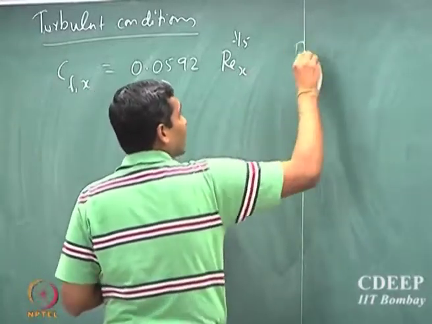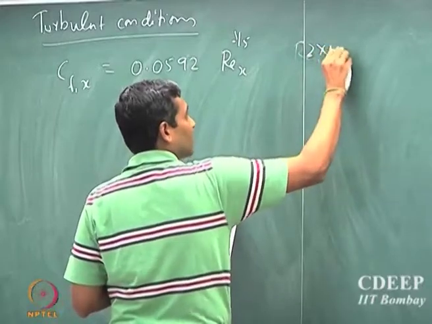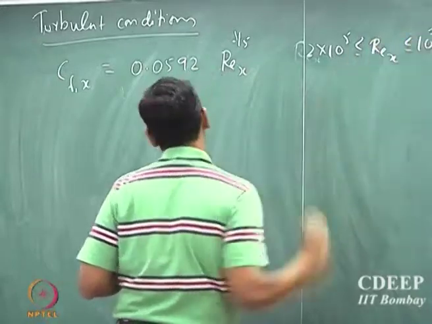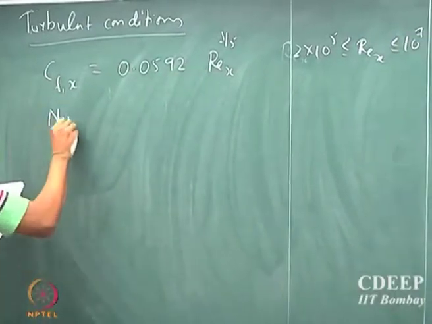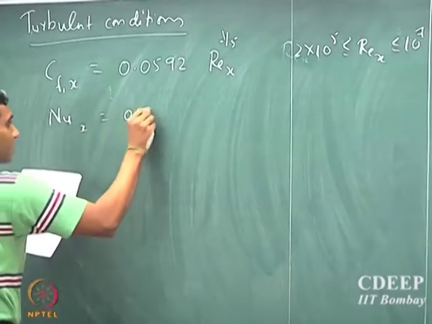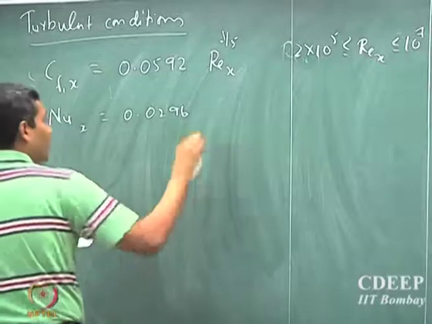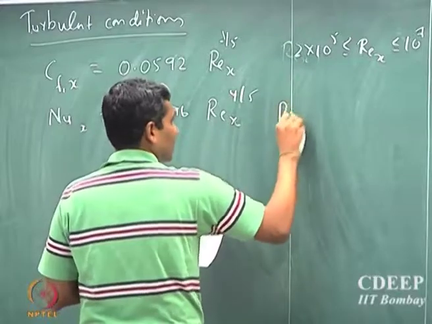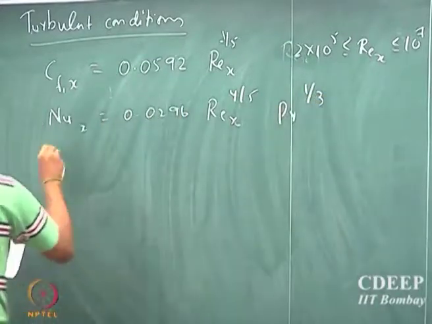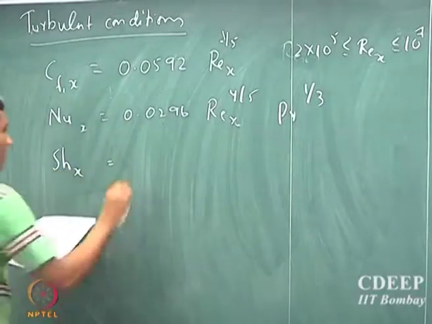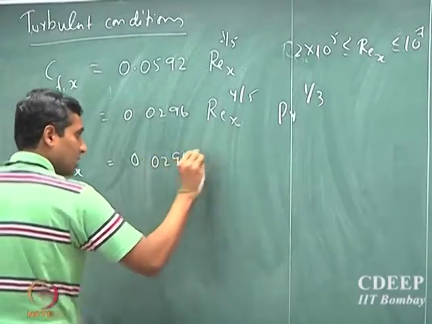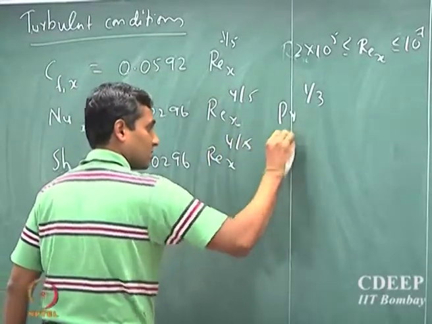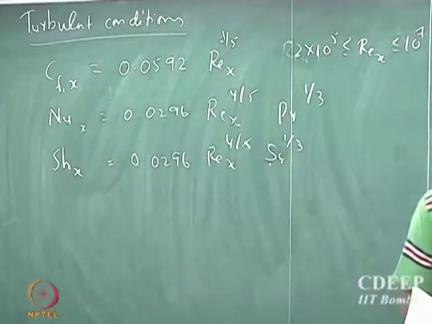So, we assume that the Reynolds number is between 2 into 10 power 5 and the Nusselt number is given by 0.0296 into Rex to the power of 4 by 5, Prandtl number to the power of 1 by 3, and similarly. So that is for the turbulent conditions.